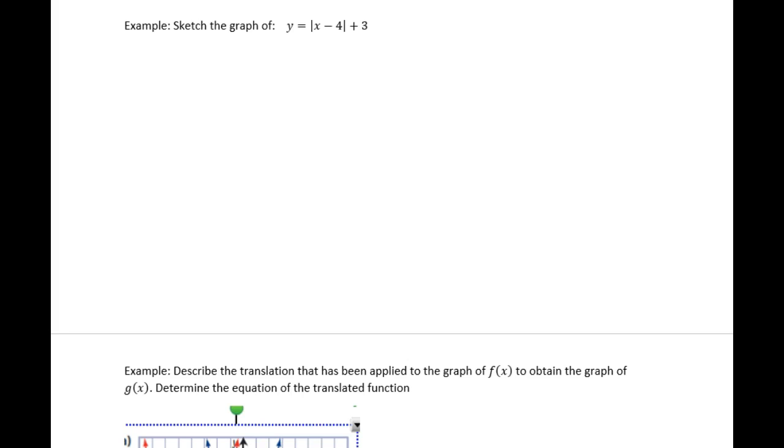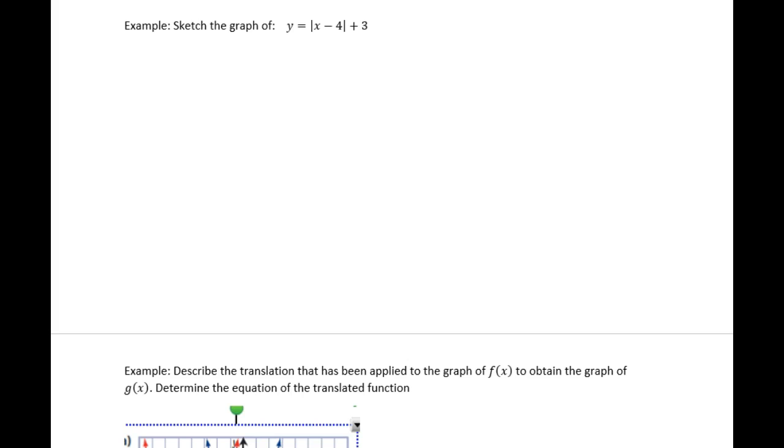If I had -1 and I put it in for my x, I would end up with what? 1. Okay, if I had 0 in there, I'd end up with 0, never negative. Okay, if I put 1 in there, the absolute value of 1 is what? 1. Okay, and 2 would be 2.